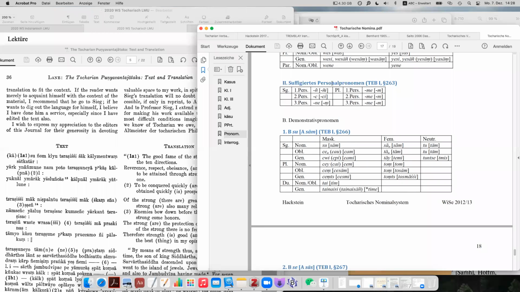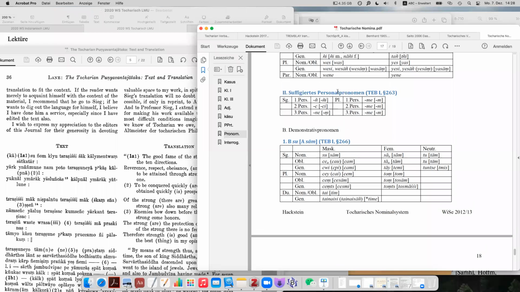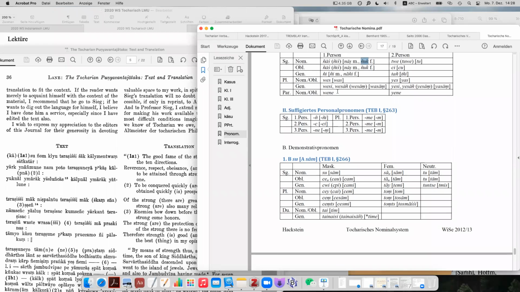And then for the personal pronoun, we have a suffixed or enclitic version. It looks like an abbreviated form. For example, the first person originally has nersh or ner, but then you have a shortened form. In East Tocharian, it's still ner. It's always placed after some verbs.